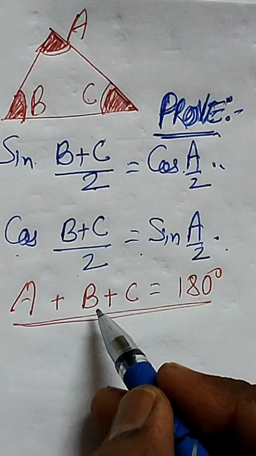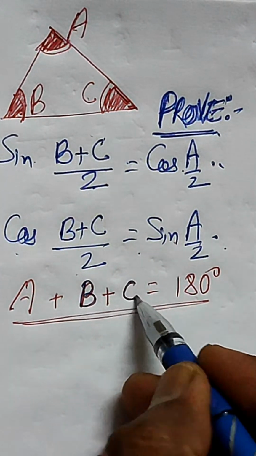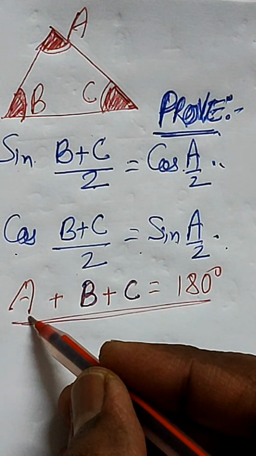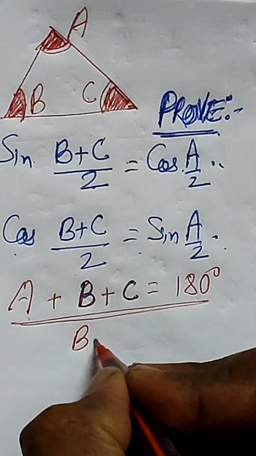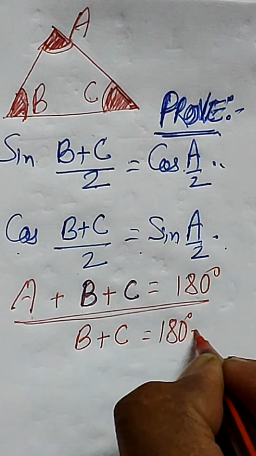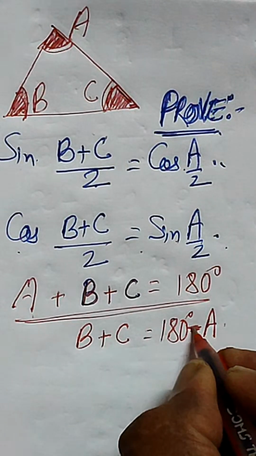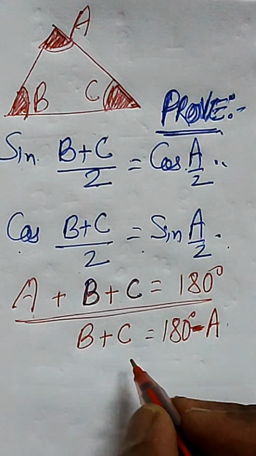So here just take this B plus C, this B plus C, and push this A to the RHS. Then we can write it as B plus C is equal to 180 degrees minus A, isn't it? Minus A, because this A will be going from LHS to RHS, right?